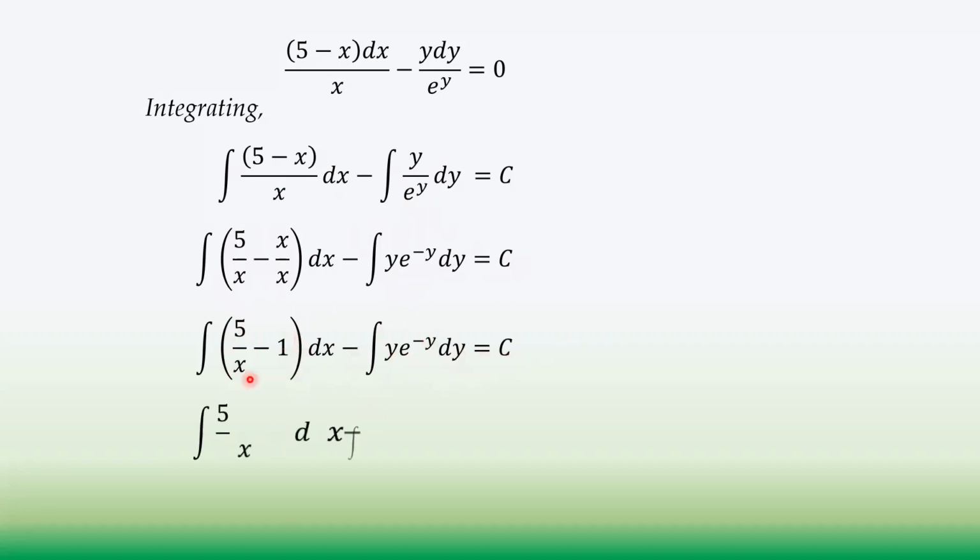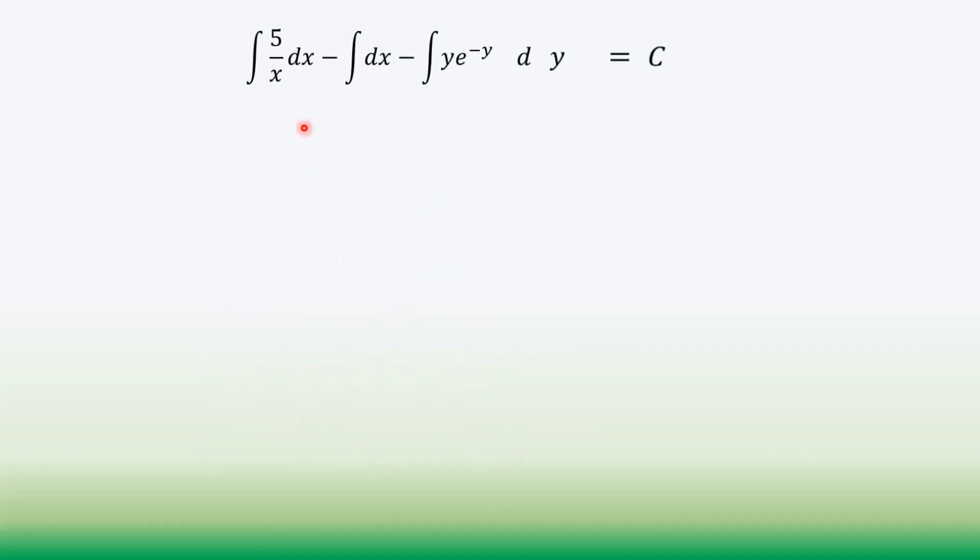Ayusin pa natin: 5 over x dx minus 1 dx, minus integral of y e raised to negative y dy equals c. Pwede ilabas yung 5: 5 dx over x minus integral of dx minus integral of y e raised to negative y dy equals c.